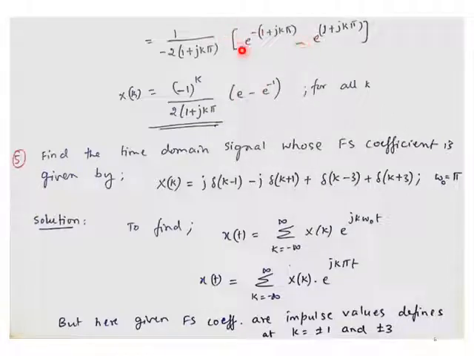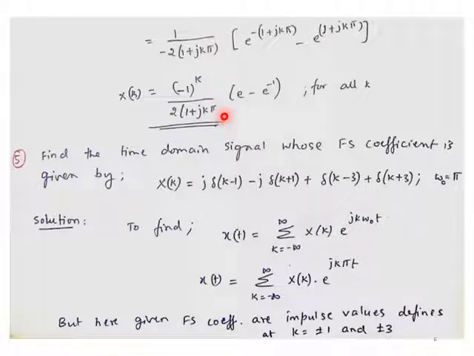If I take minus 1 outside, it is minus e to the power minus 1. Minus, if I take outside, e to the power 1 remains as it is. So minus minus becomes plus, and e to the power minus jk pi, e to the power plus jk pi will give this particular combination of minus 1 to the power k, divided by 2 into 1 plus jk pi.